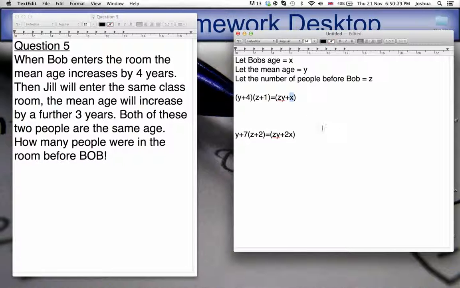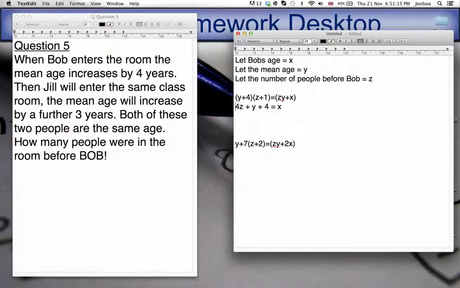Now, what we need to do is cancel it. I'm going to play around with this, guys. Y plus 4, so first it's going to be YZ plus 4Z plus Y plus 4 is equal to ZY plus X. Okay, guys, I think we can take away the ZY for now.